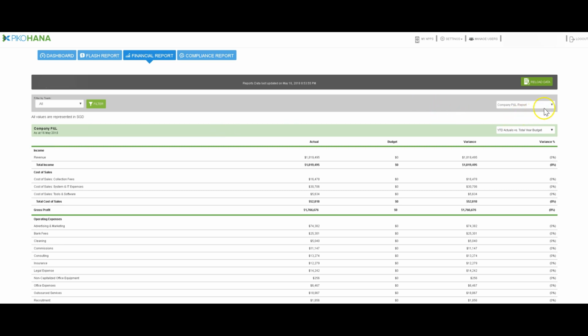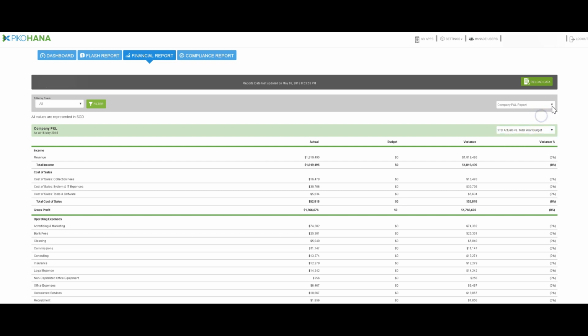This also gives you the capability to track year-to-date budget versus year-to-date actuals, and then actuals for the total year budget, and then the month-to-date actuals versus budget. So it's very flexible, and it gives you a wide range of information for the actuals versus budget.